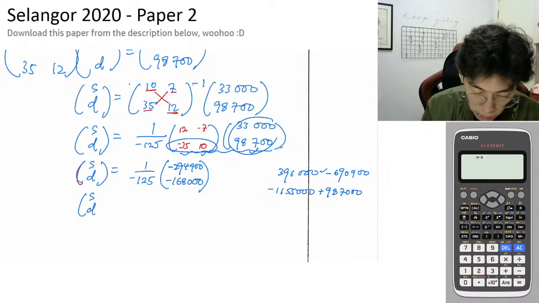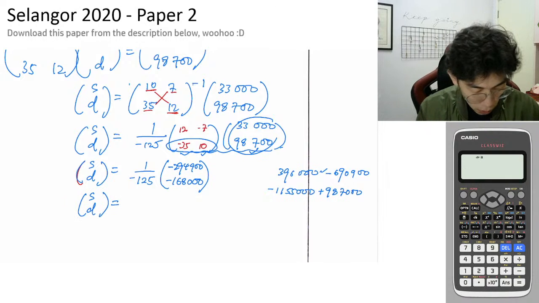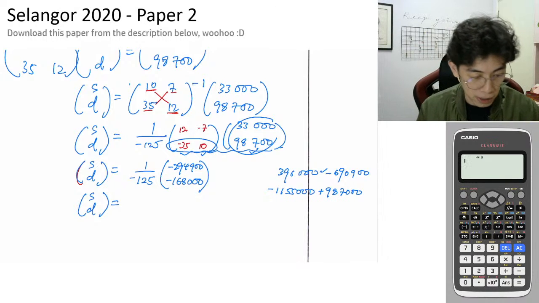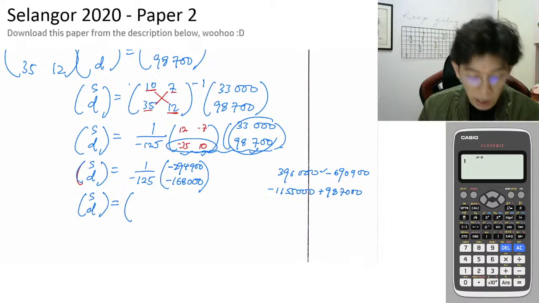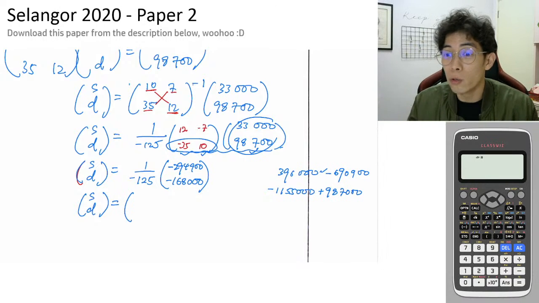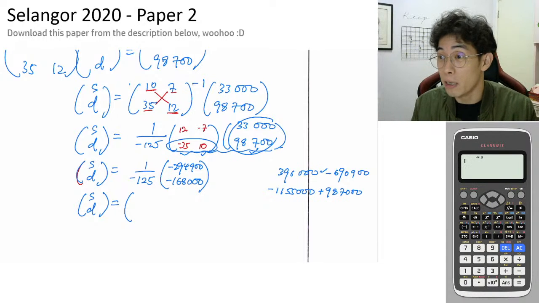And now you can do your answer already. So 1 over negative 125 times negative 294900. You got a calculator, don't worry. So press. Then you get scared, everyone. Why got decimal point? Don't worry. This is a phone worth 1000 plus, right?